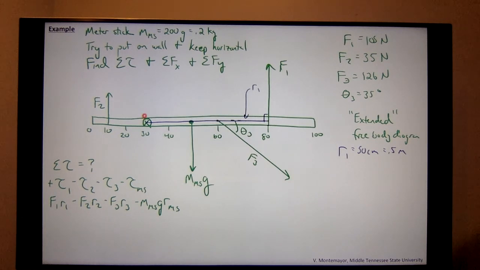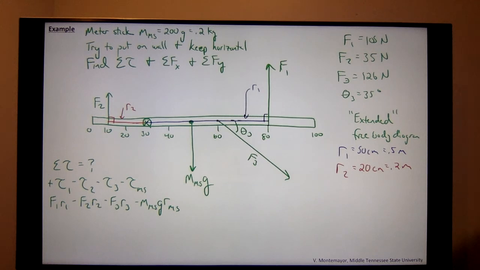Okay, so that length from 30 over to 80 gives me a perpendicular line to force 1, so that's not really a problem. Force 2, well, it's the same kind of idea. We can go from the axis of rotation over to the force. It's perpendicular. You can see that we're going from the 10 to the 30 centimeter mark, so R2 is 20 centimeters, which is 0.2 meters. So that one is R2.